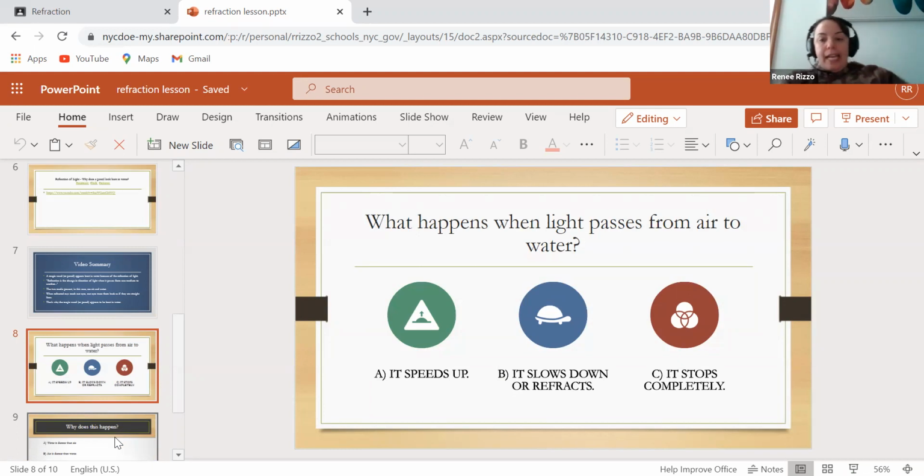Just a side note, the images included in this slide are based on the Design feature in PowerPoint. You can get design ideas when working in PowerPoint online, and I often like to use these ideas in my presentations.